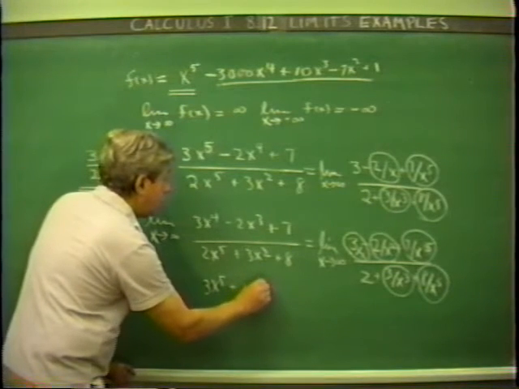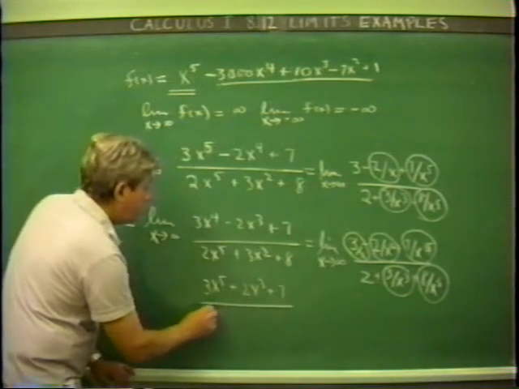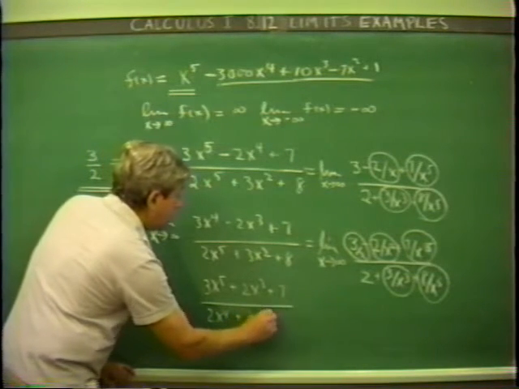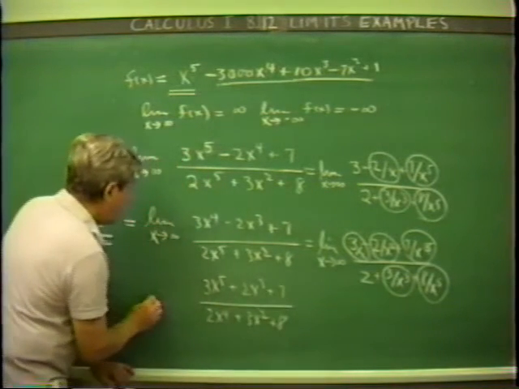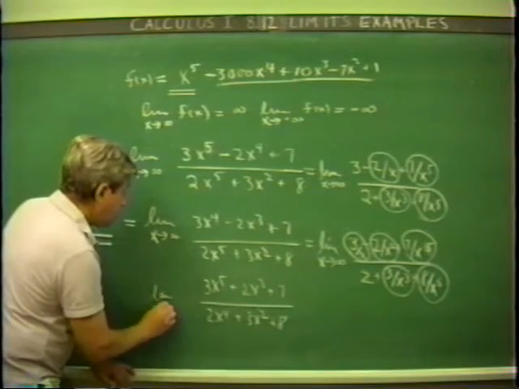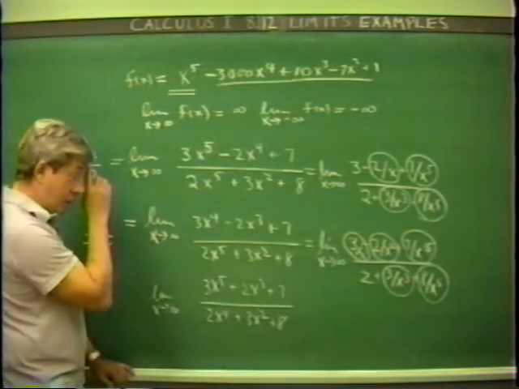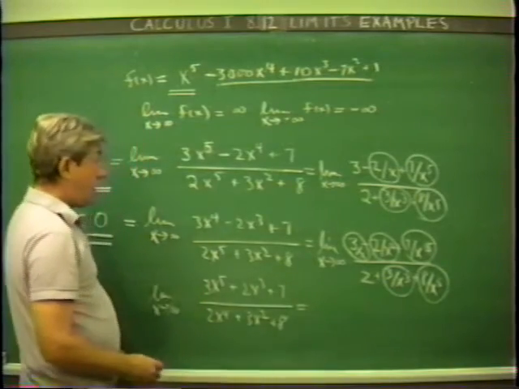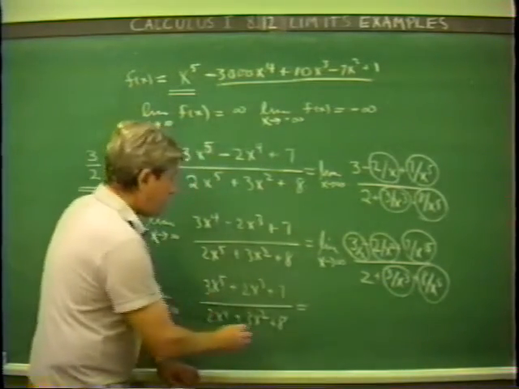Let's look at the final situation here, where the highest power is in the numerator. Let's look at 3x to the fifth plus 2x cubed plus 7 over 2x to the fourth plus 3x squared plus 8, and the limit as x approaches infinity.